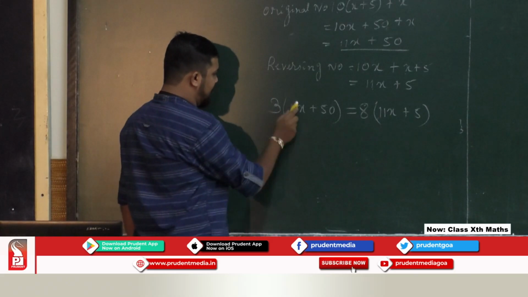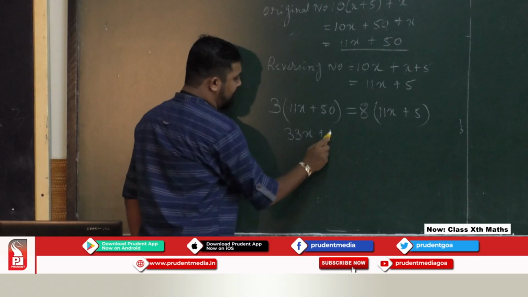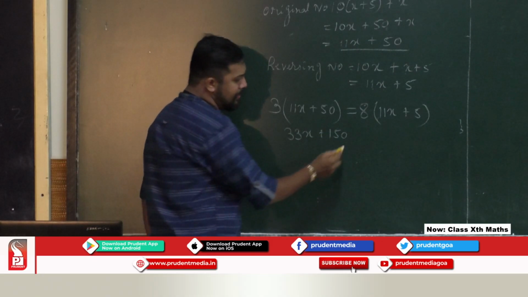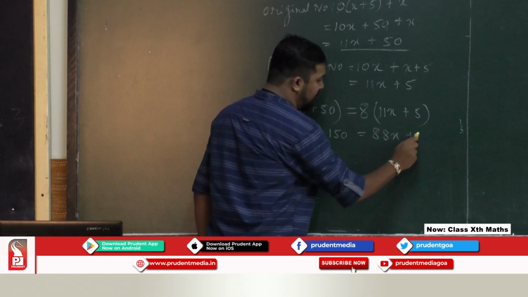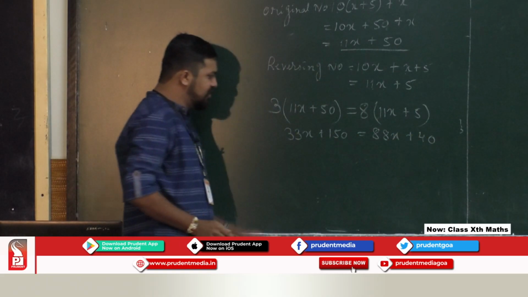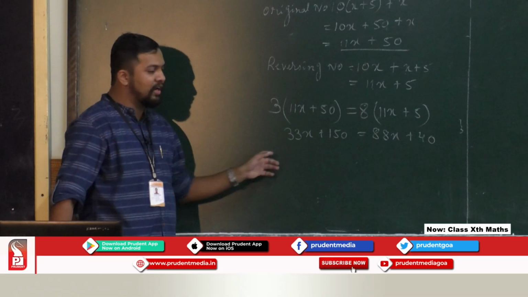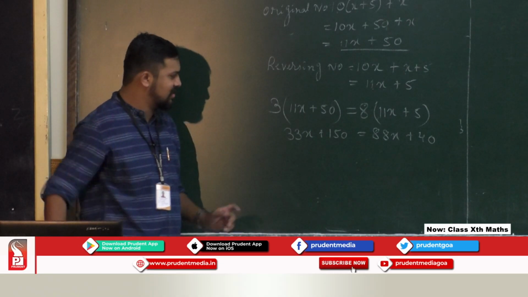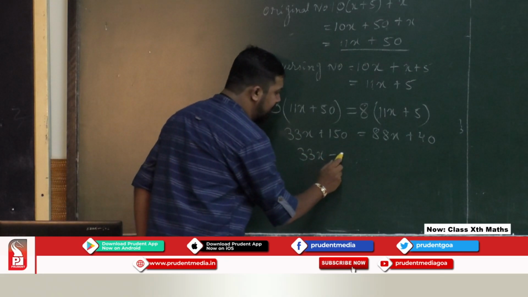Now open the bracket: 3 11s are 33x, 3 5s are 15, put that 0, 150. 88x, 8 5s are 40. Now if you see this expression, it is not a quadratic, right? Good, when you don't get a quadratic, you get the value of x directly. So bring the x term to one side and the number to the other side.